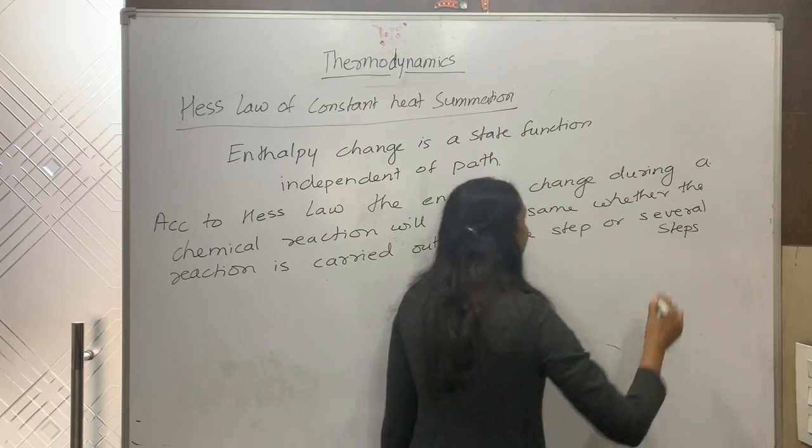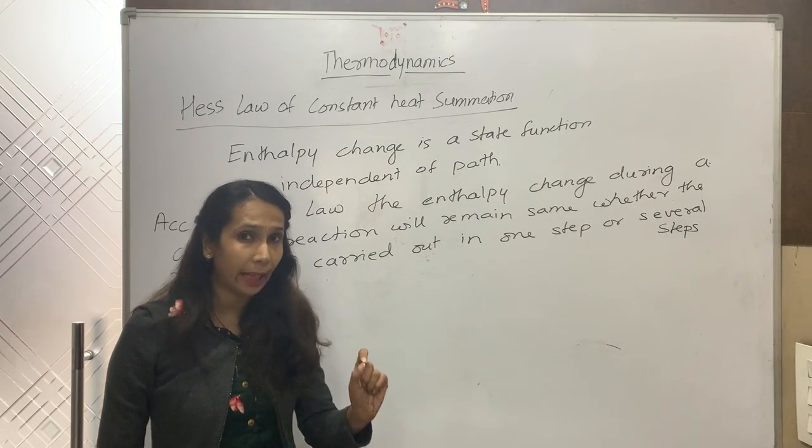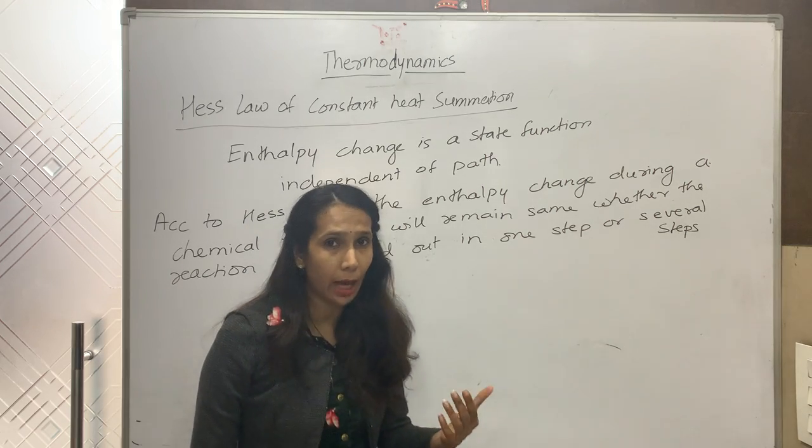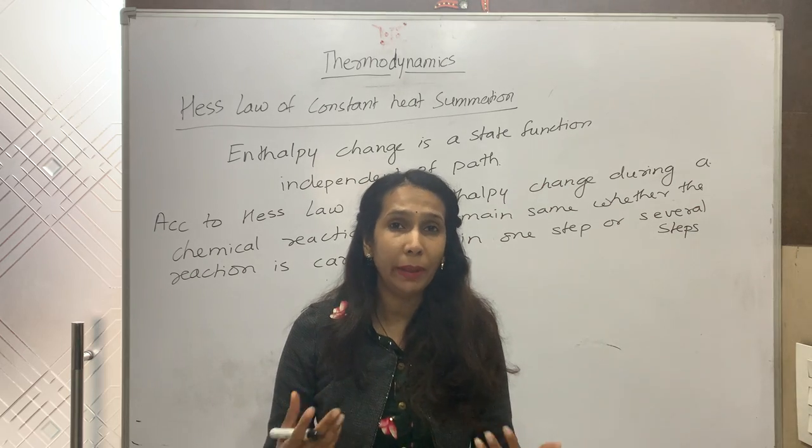Again I'm repeating, the enthalpy change during a reaction will remain the same whether you carry out that reaction in one step or several steps. Now what do we mean by it?